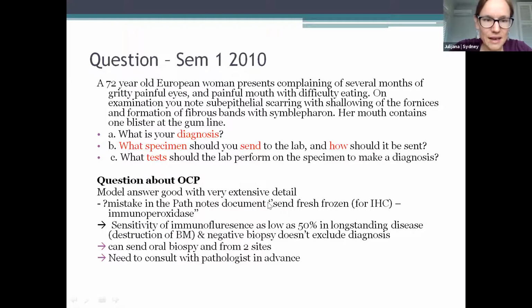Basically, the key point for the question was sending fresh tissue for immunofluorescence to make this diagnosis. And the notes talked about sending fresh frozen tissue for immunohistochemistry and immunoperoxidase. Well, I understood that immunohistochemistry can be performed on tissue that's been fixed. So I think that the fresh frozen tissue is for immunofluorescence, which is different to immunohistochemistry. That's my understanding. Correct me if I'm wrong.